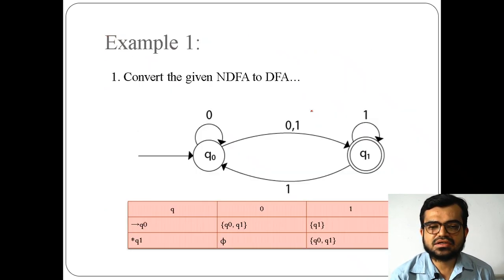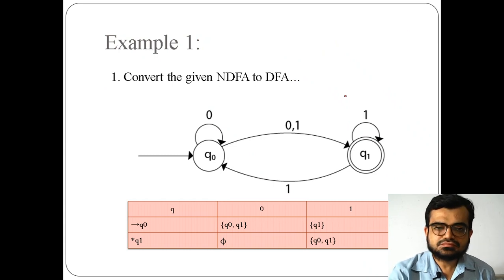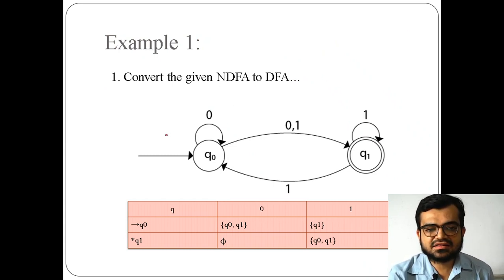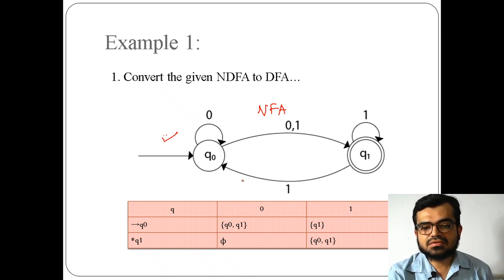How we need to convert: whenever we get a transition graph, this is my transition graph. First, what is this? This is an NFA, I mean NDFA, right? Because you can have multiple states for a single input.